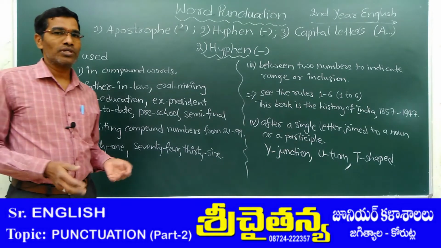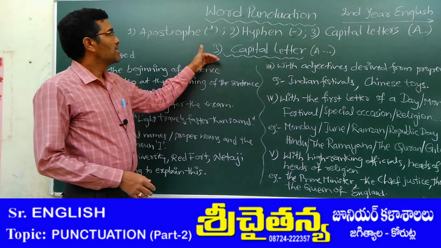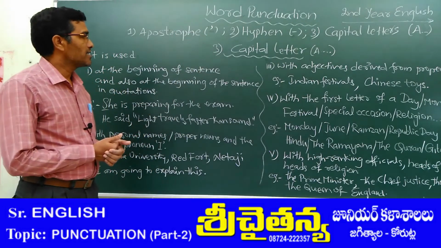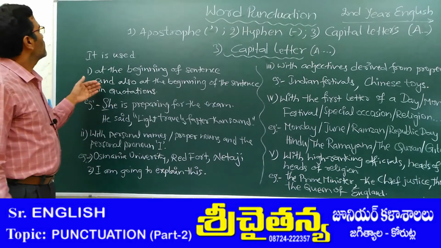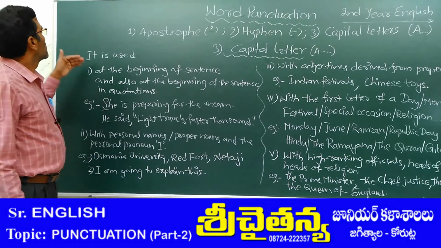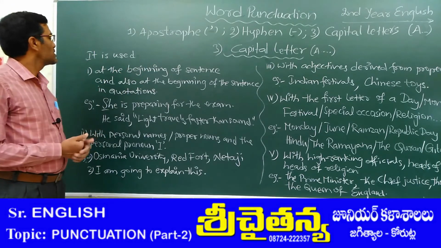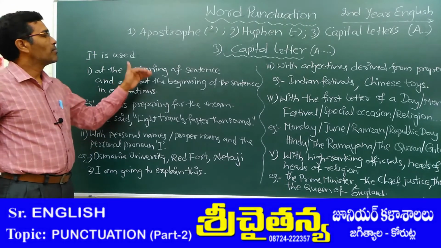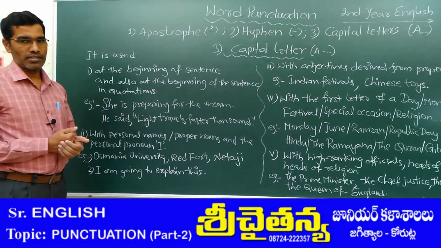Let us move to capital letters. The third one in the word punctuation is capital letter. Okay. Let us see how it is used. It is used at the beginning of sentence and also at the beginning of the sentence in quotations, right?